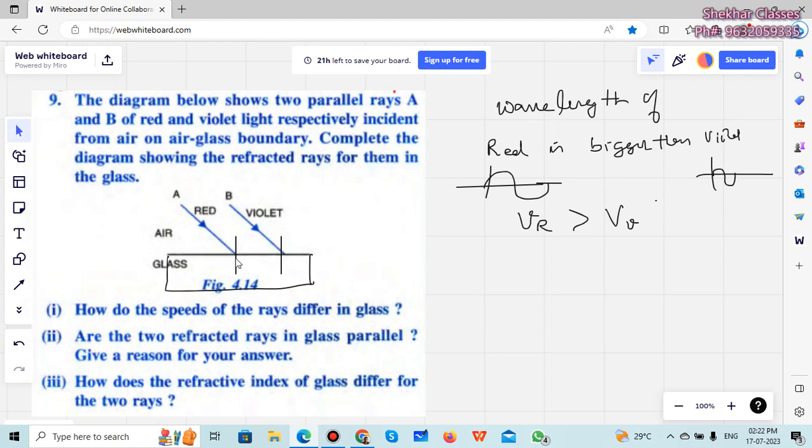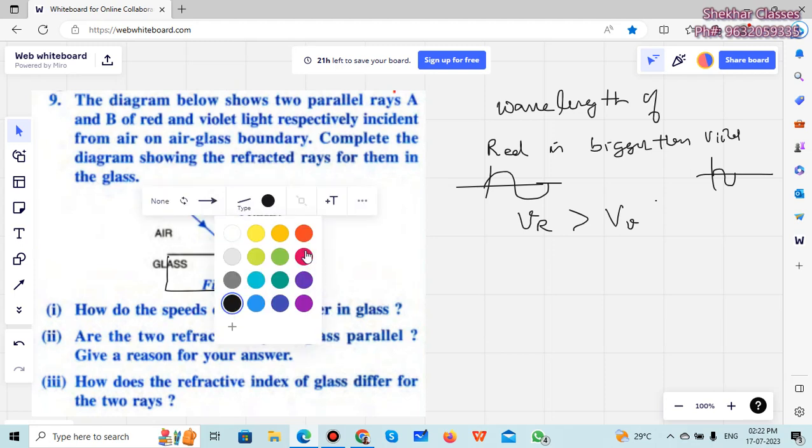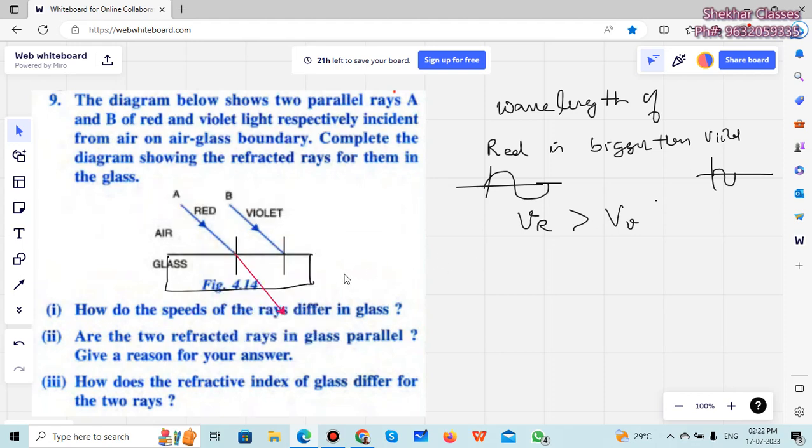So let's see how they bend. If you draw it, it will be something like this. Red will bend less. It's not visible, so let's make it red here. The other one will bend more. Why?